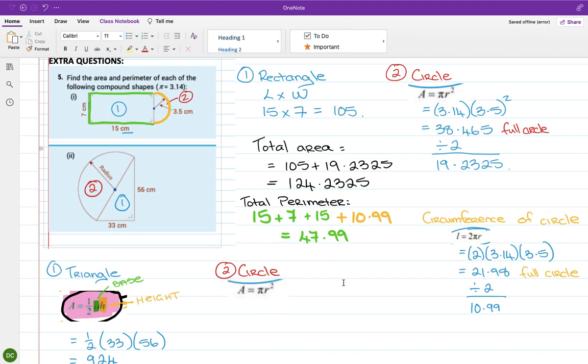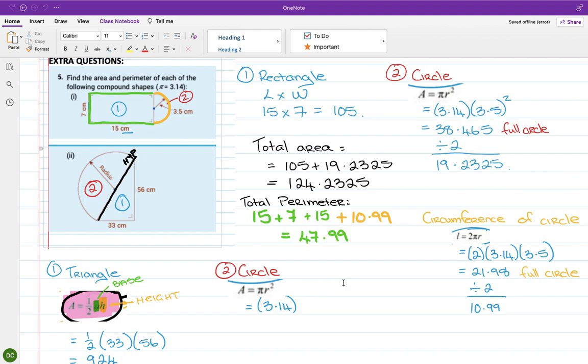So I assume it's the same question, so we take pi to be 3.14. Now, the radius isn't given. I didn't realize this was in this, but you would have done this at Junior Cert. So we should be able to find the length of that line there because it's the hypotenuse.